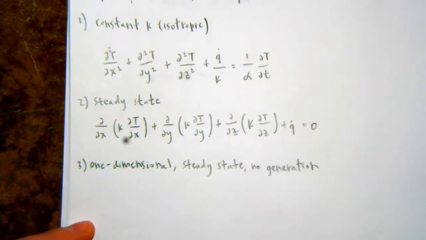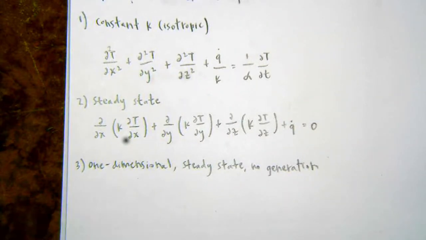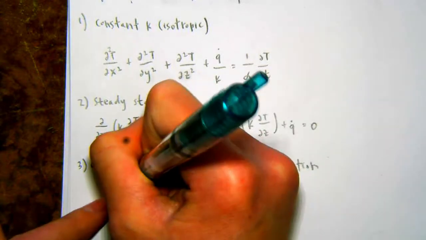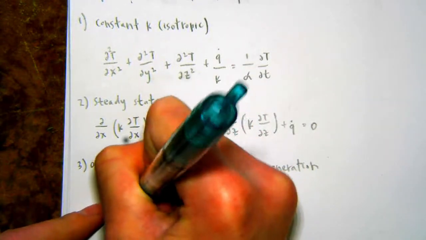And because it's one-dimensional and steady state, the temperature is only changing with x. So one-dimensional cancels out the y and z terms, and then steady state cancels out the time dependence term. So we can write it as a full derivative because it's only dependent on one variable, x.